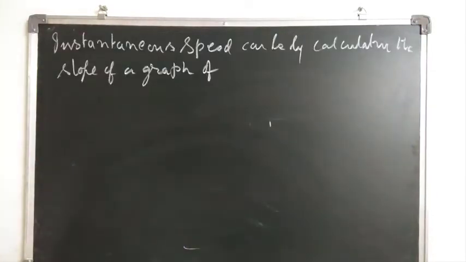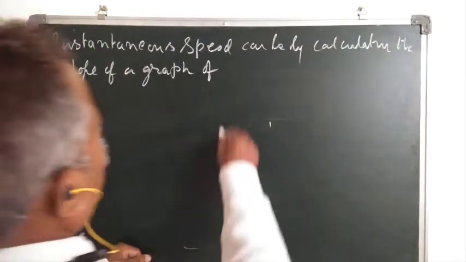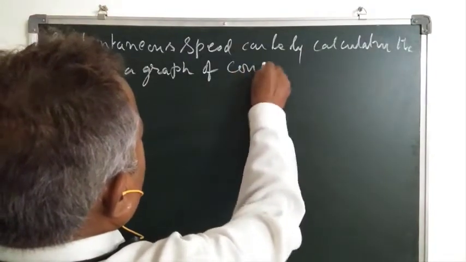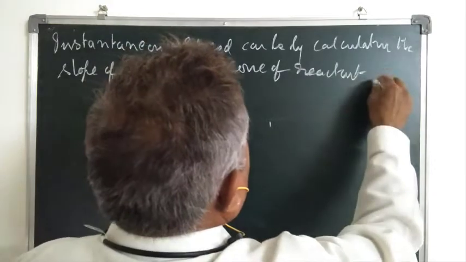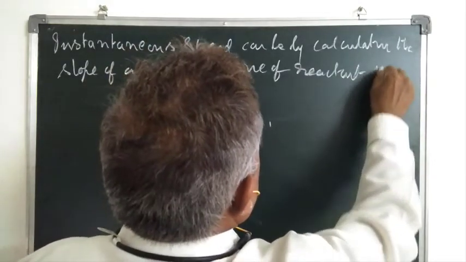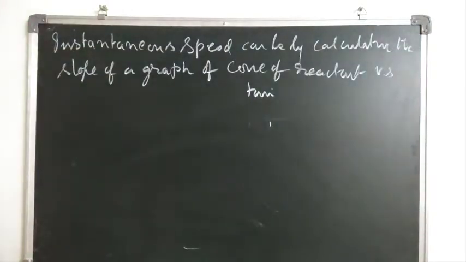Instantaneous speed of a reaction can be calculated by calculating the slope of a graph of concentration of reactant versus time. So this is instantaneous rate and average rate.